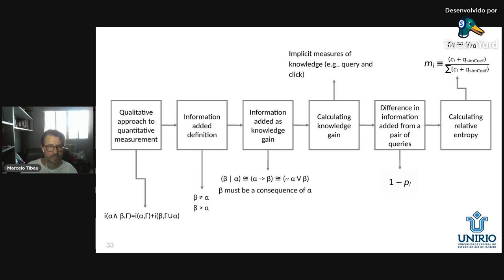So 1 minus the detection probability is the difference in information added from a pair of queries. And to calculate the relative entropy, it is important to say that relative entropy here represents the search entropy.